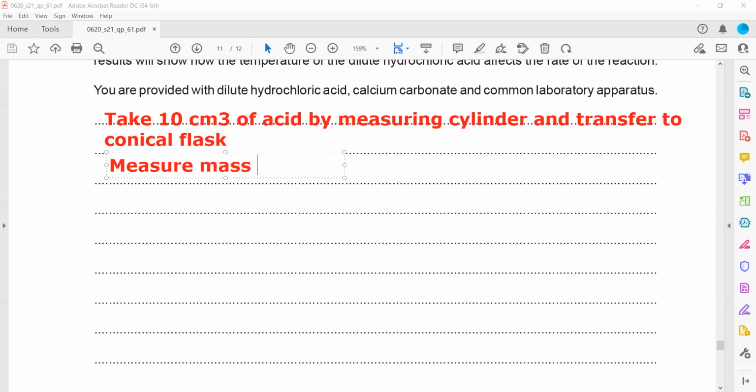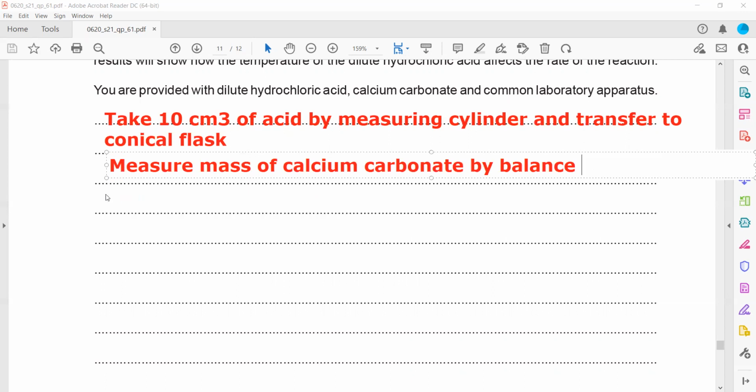Then we will mix calcium carbonate with hydrochloric acid and start the timer, the stopwatch.